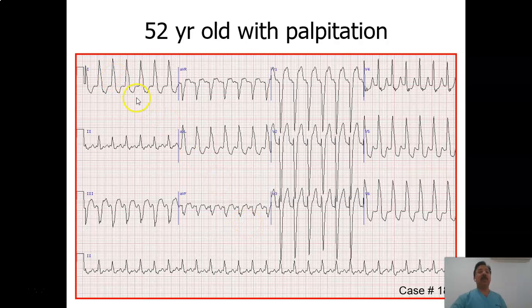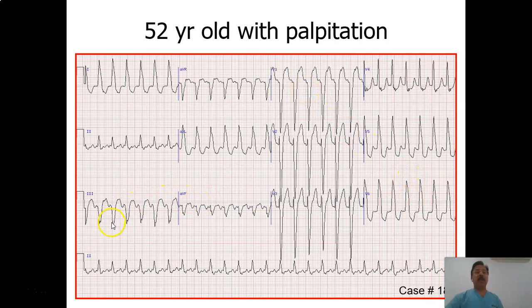Axis looks like left axis deviation. Hypertrophy, in presence of wide complexes throughout this ECG, no need to comment on the hypertrophy. Bundle branch block, if you look at the V1 and V6, looks like left bundle branch block pattern.